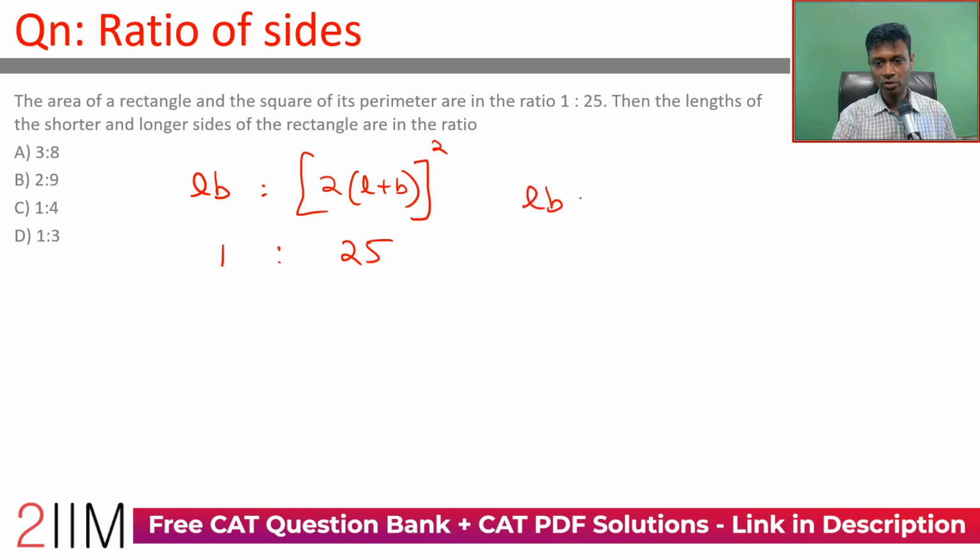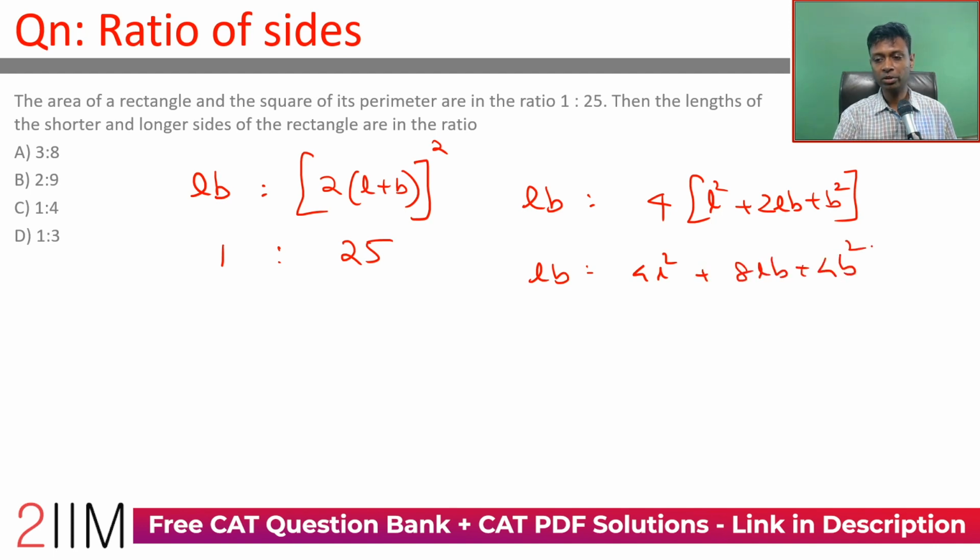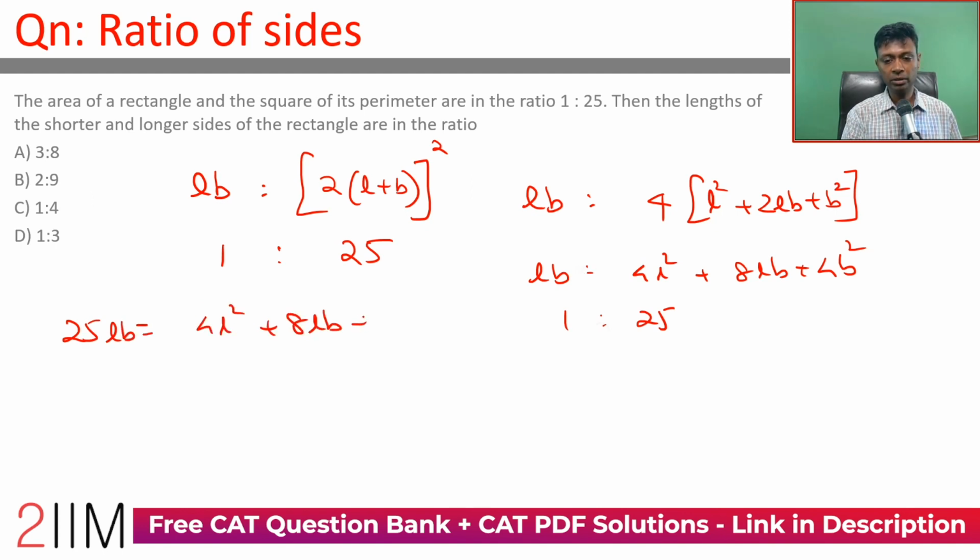And so L into B over 4 times L square plus 2LB plus B square is 1:25, or LB is to 4L square plus 8LB plus 4B square is 1:25, or 25LB equals 4L square plus 8LB plus 4B square.